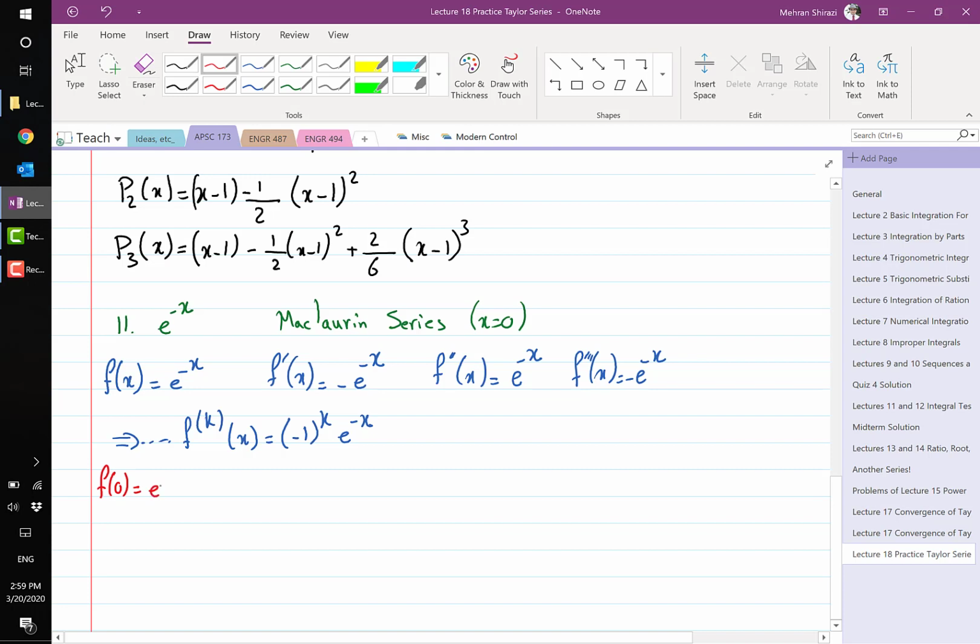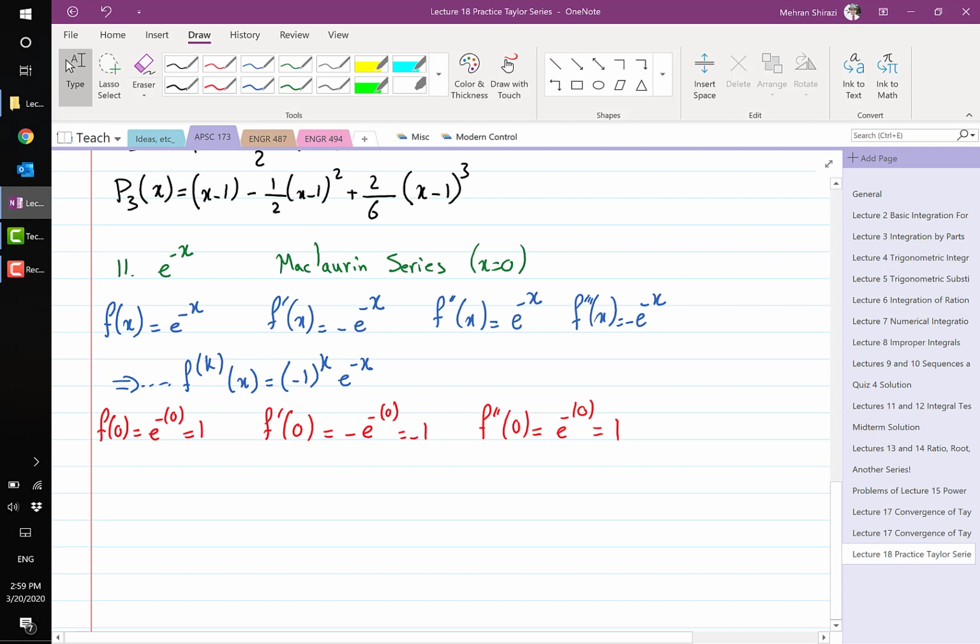So let me write it, e to the power of negative 0, which is 1. The first derivative at 0 is minus e to the power of minus 0, which is negative 1. You got it. The rest is very easy. The second derivative at 0 is e to the power of negative 0, which is 1.